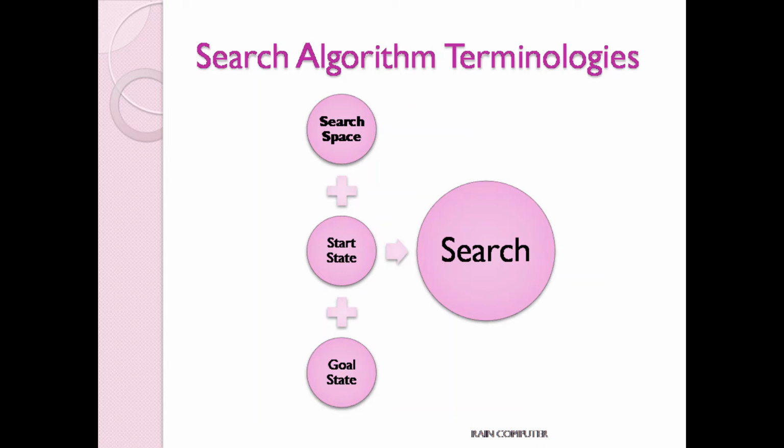The start state is the state from where the agent begins the search. Goal state is a function which observes the current state and returns whether the goal state is achieved or not. This is how the search algorithm is going to work.